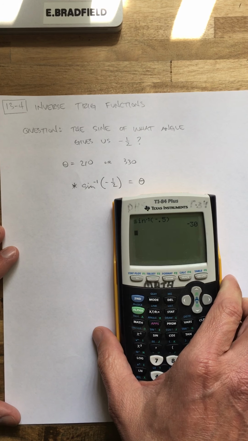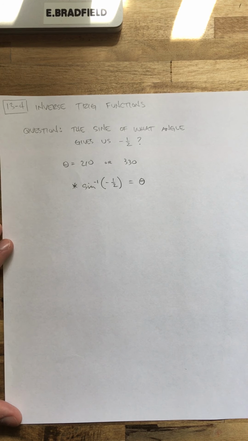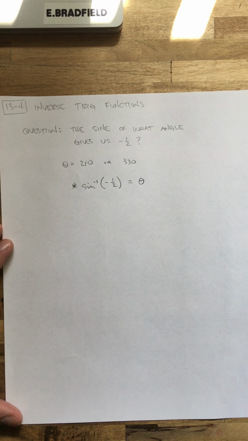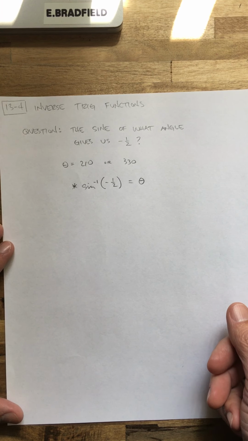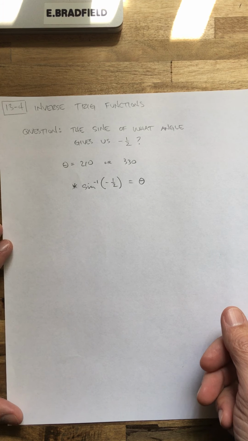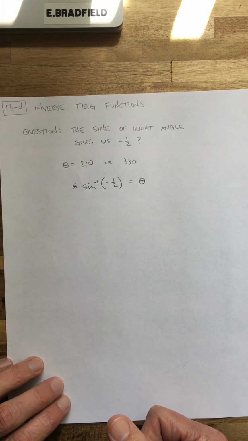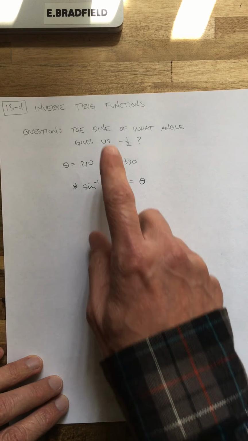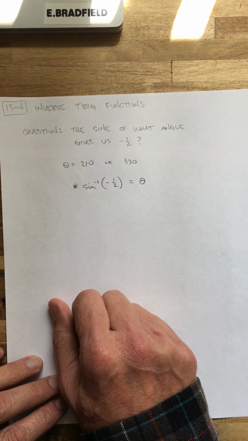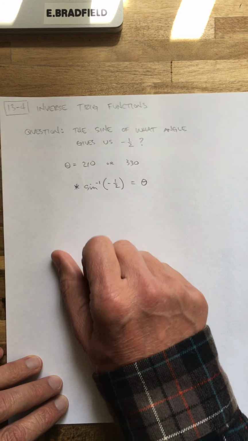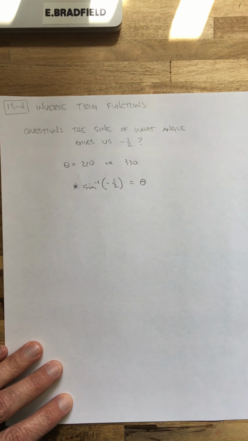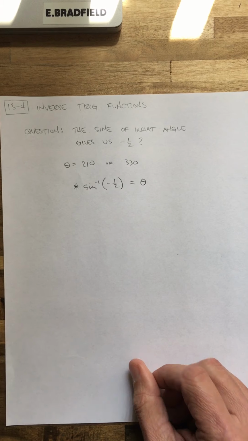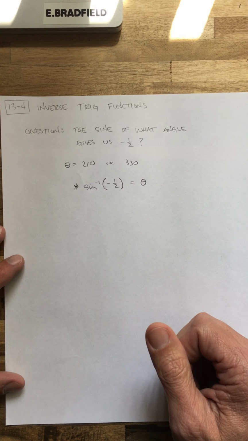So when we're doing inverse trig functions, we have to limit our choices. If I said the sine of what angle gives us negative 1/2, you have an infinite number of choices. You have 210, you have 330, you have negative 30, and the list goes on and on. So what we have to do is narrow that down.